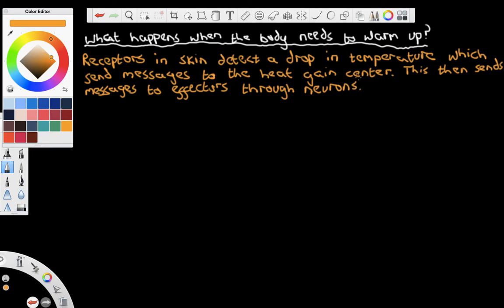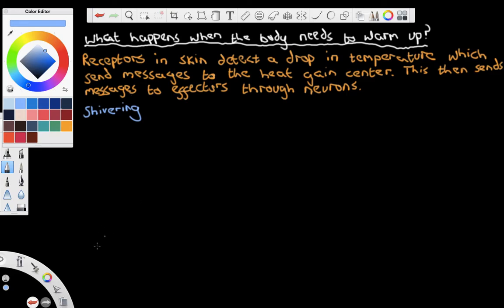Right then. So we need to think now about different ways that we can keep warm. So the first one we're going to talk about is shivering. If you are too cold, you will start to shiver. What shivering is, when the muscles inside of our body start to contract very quickly.